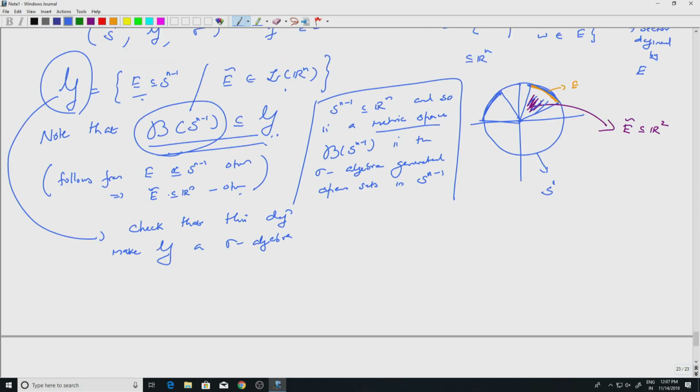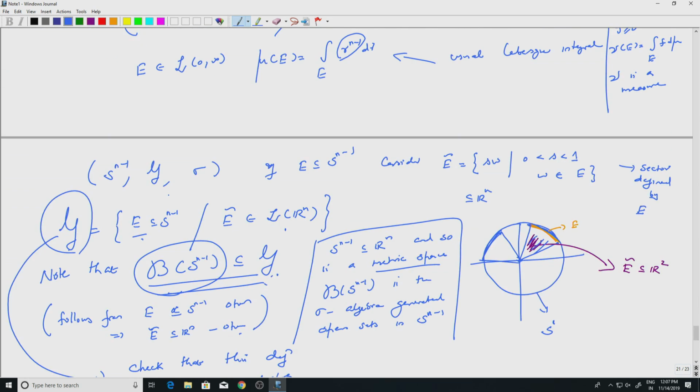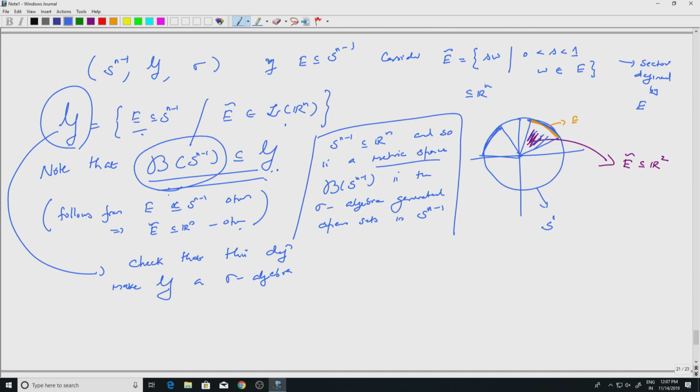So we have the space S^{n-1}, we have the sigma algebra G, but we haven't defined the measure. So, what is the measure? For E in G, I am denoting the measure by small sigma. Sigma of E is, well, you go to E tilde.